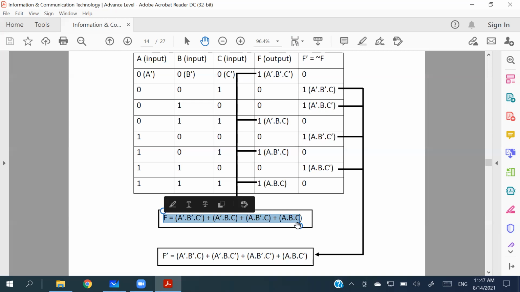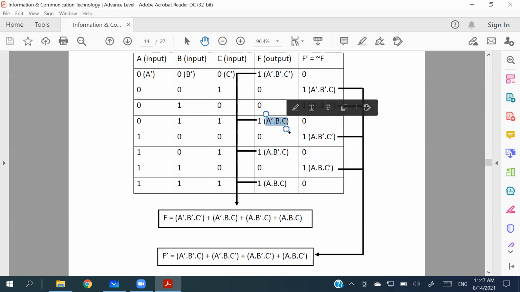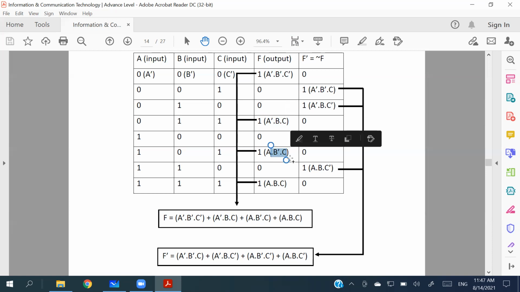Now you can remember SOP stands for what? Sum of products. So that means there are products which need to be connected with a plus sign as a sum, right? So the terms which are indicated by 1 are written as a product.